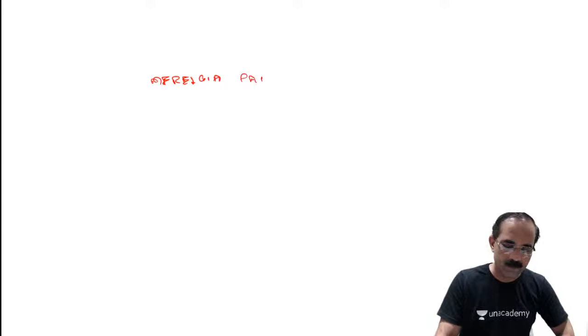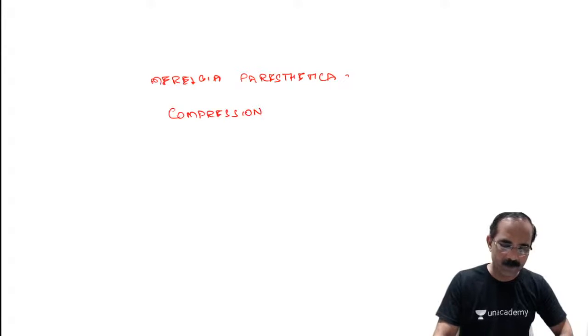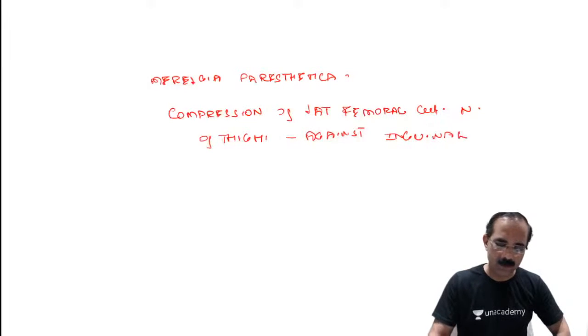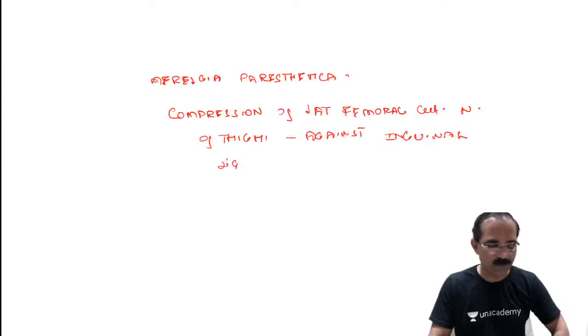Meralgia paresthetica is the compression of the lateral femoral cutaneous nerve of thigh against the inguinal ligament.